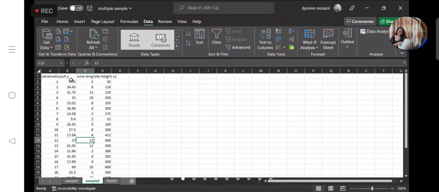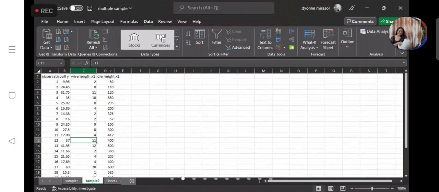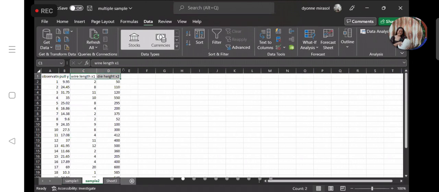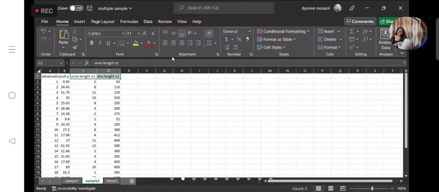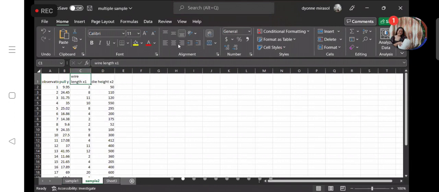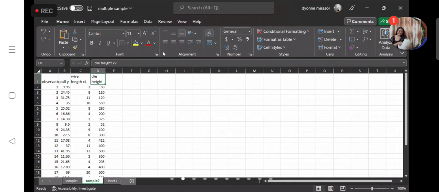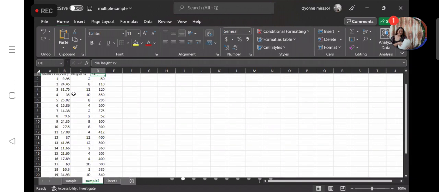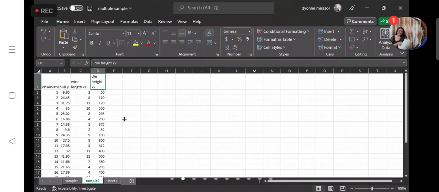So for example, this is a longer data set. This is the data for this one. Our y is full, our x1 is var length, and our x2 is die height. We have 25 observations.